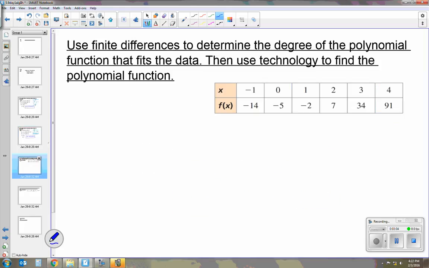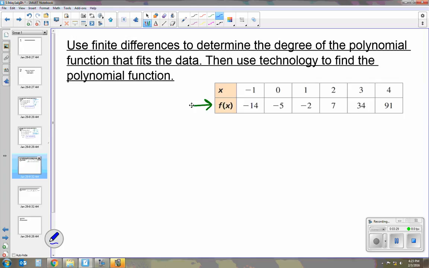Next up, we're going to use finite differences to determine the degree of the polynomial function that fits the data. Then we're going to use technology to find the polynomial function. Finite differences is finding the difference between the y's. We're going to look at our y values and keep on finding the differences until all the differences become the same number.